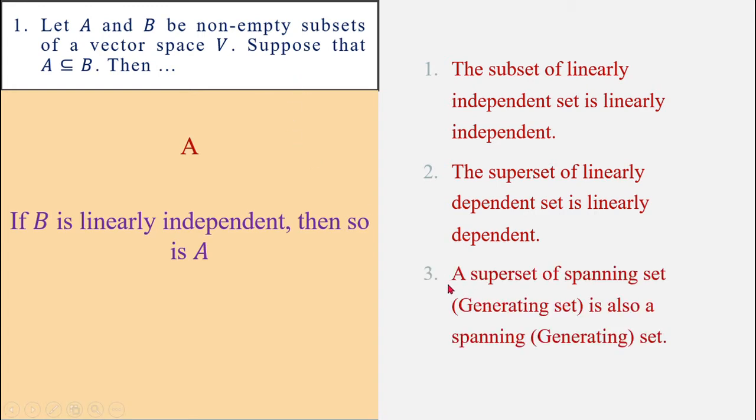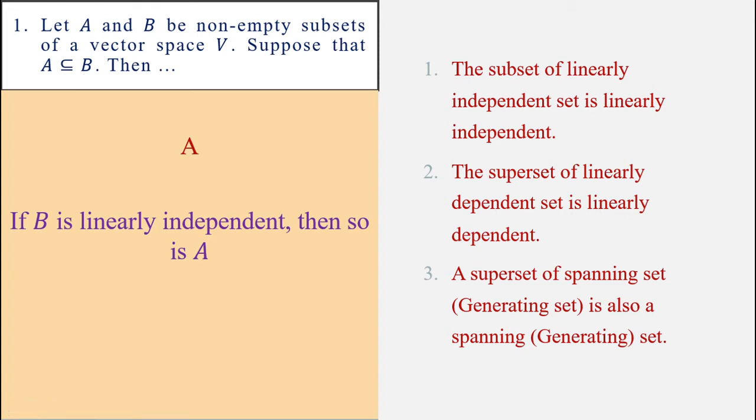The next remark is that a superset of a spanning set, that means generating set, is also a spanning or generating set. And a subset of a spanning set or generating set need not be a spanning or generating set. Therefore option 4, which says if B is a generating set, then so is A, is wrong, because a subset of a generating set need not be generating. A subset of a dependent set need not be a dependent set.